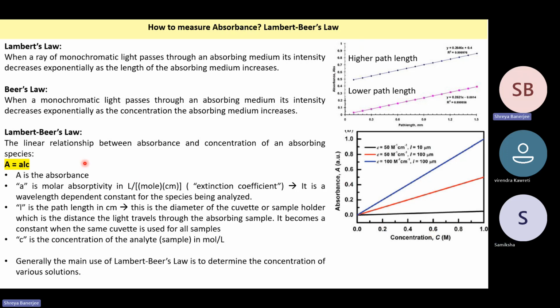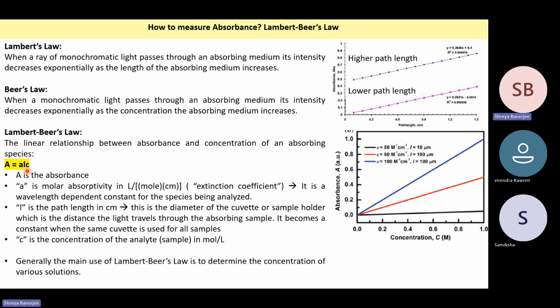So here we are plotting absorbance versus concentration. There are three compounds here. Imagine these three colors as three compounds, and here we are plotting absorbance, which is an experimentally determined quantity, on the y-axis, and on the x-axis we are plotting the concentration.